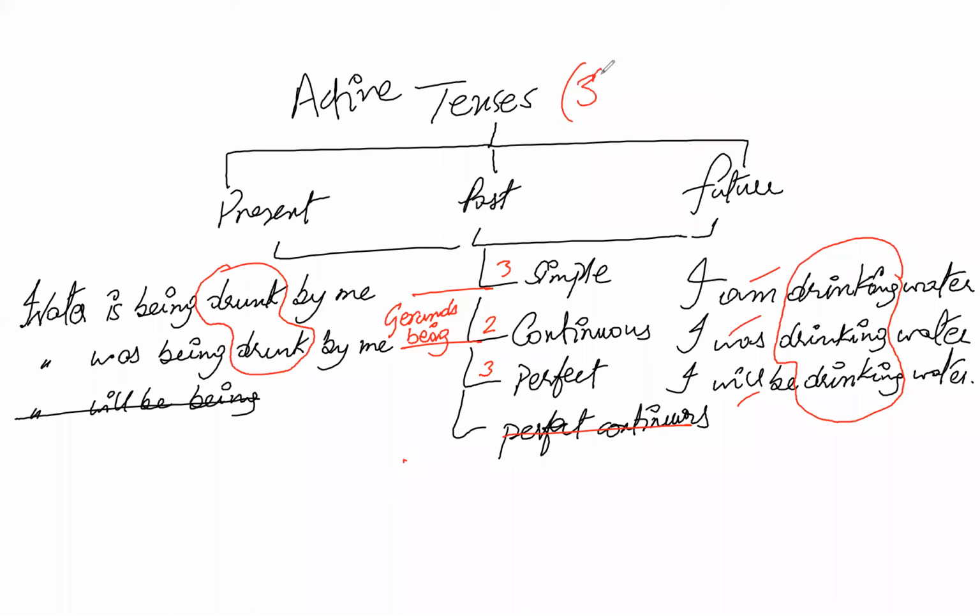The third form of verb is pretty much the essence of passive structure. No matter which category you're in, which tense you're in, the third form of verb is going to be there at all times. This form of verb is also known as participle.